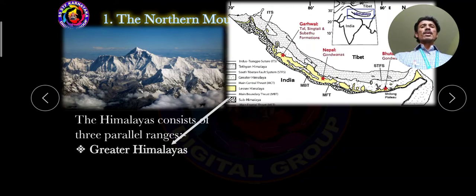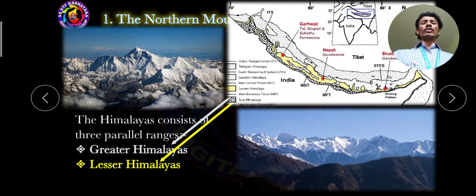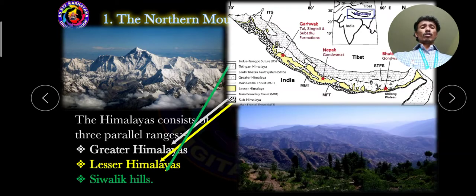It means equal ranges. The first one is Greater Himalayas. Greater means large. Second one, Lesser Himalayas. It means the Lesser Himalayas are smaller in size. Third one is Shivalik hills.